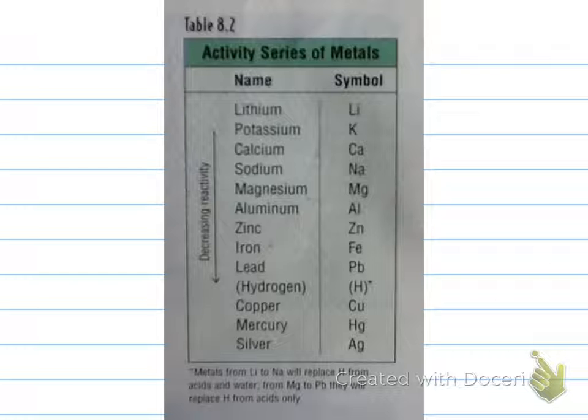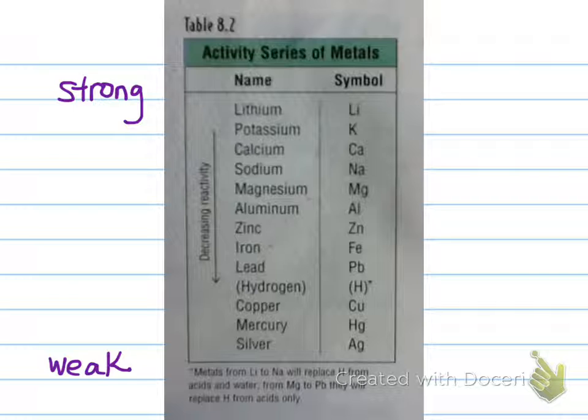Right, so again, what I've said is the strong elements are at the top, the weak elements are at the bottom. So if I'm going to compare lithium and aluminum, lithium can replace aluminum from a compound. But aluminum cannot take lithium's place because it's not strong enough.